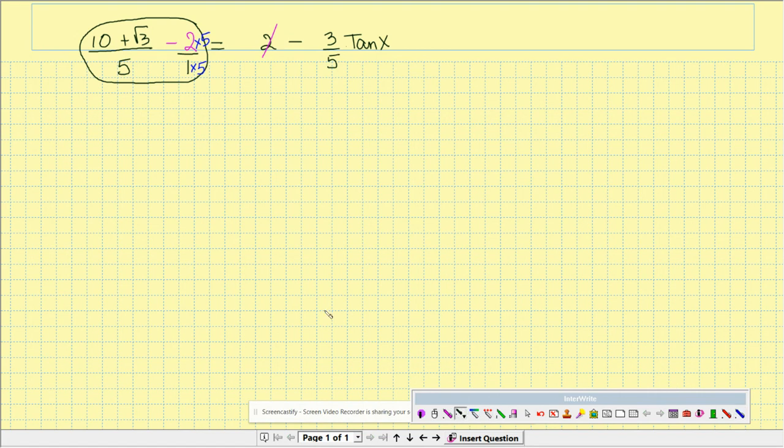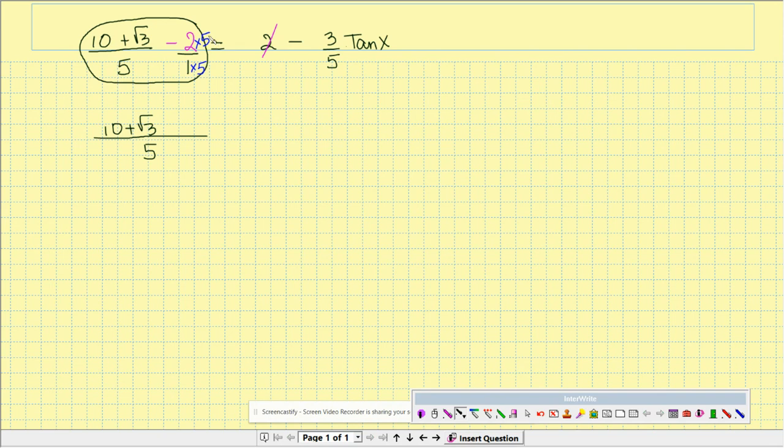So let's write out what we have now. On the left-hand side, we subtract the fractions with the common denominator. So I'll write 5 as our common denominator. For the numerator, I'm going to copy the first numerator, so 10 plus square root of 3.